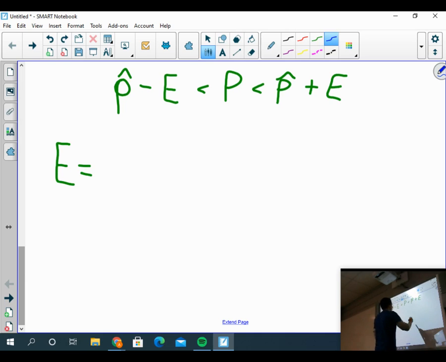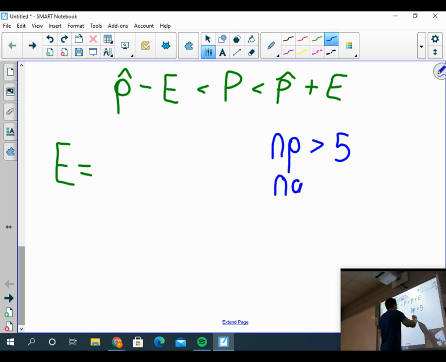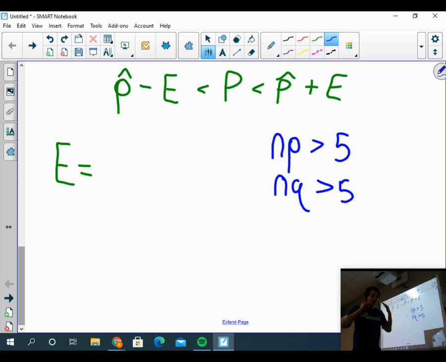And we said for this section, we are going to work again with large samples, but what constitutes a large sample when you're working with probability? We talked in 7.4, if n times p, your sample size times your population probability, is bigger than 5, and your sample size times your probability of failure is greater than 5, a binomial distribution will be normal, which means a distribution of sample proportions will also be normal, and we are good to use the normal distribution as an approximation for a sampling distribution.